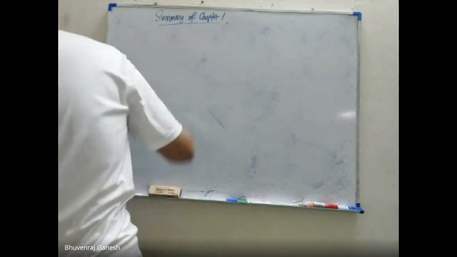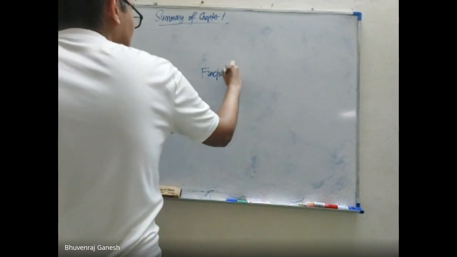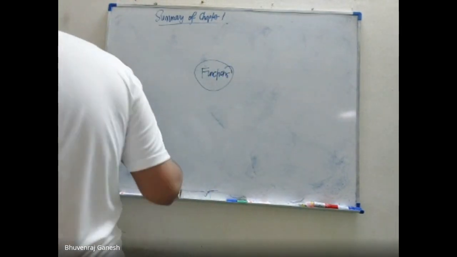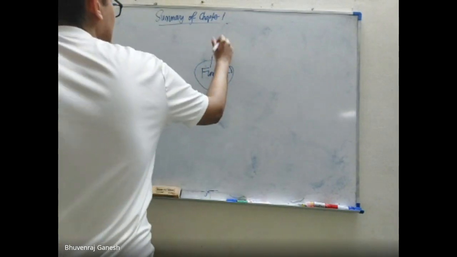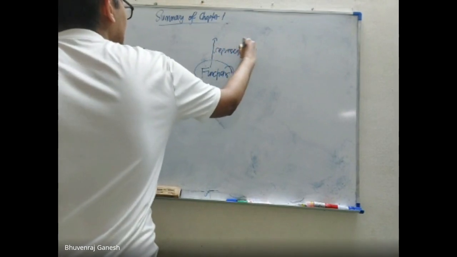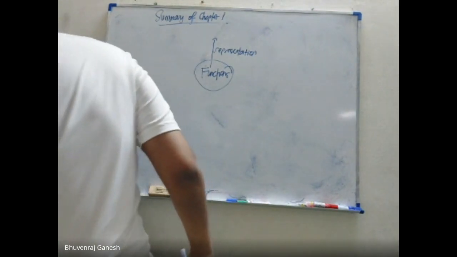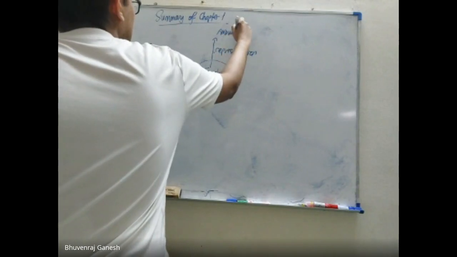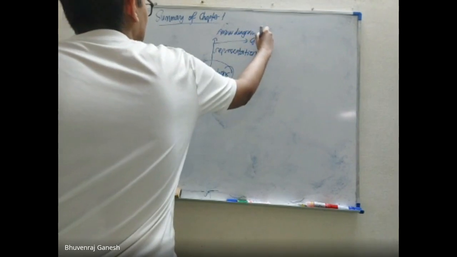So in chapter 1, we know its function. Let me start from the middle. This is a good summary that can help. First of all, we learned about representation of function. Representation of function can involve arrow diagram and can also involve graph.